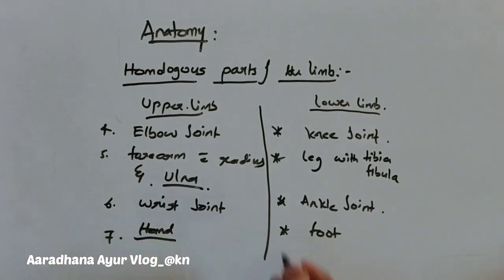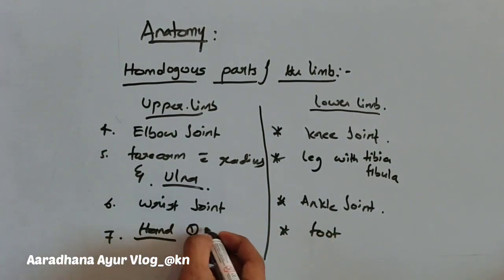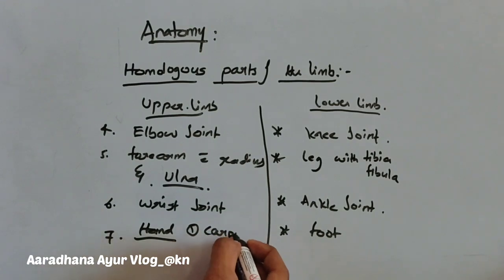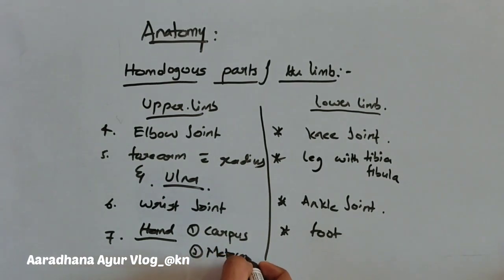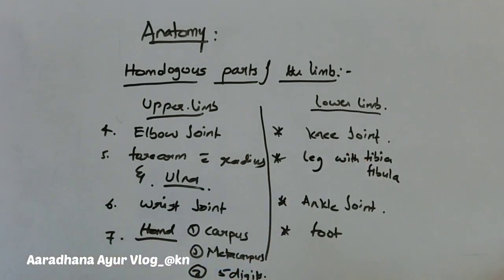In the hand there are carpus bones, there are metacarpus, and thirdly there are 5 digits.